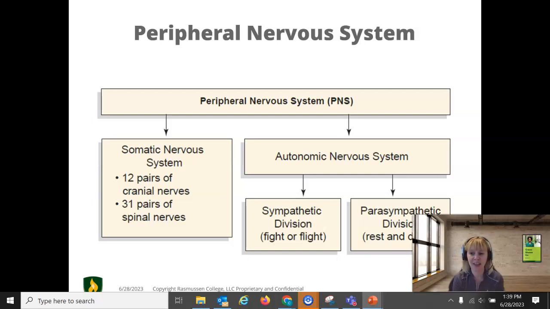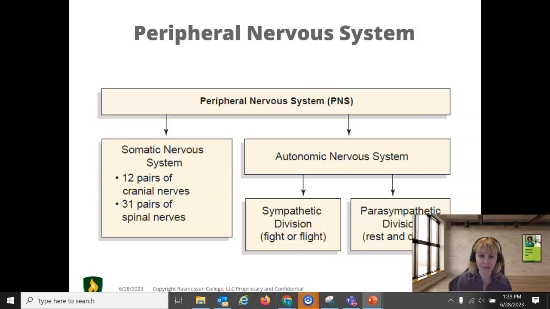Motor impulses that transmit to glands and other muscles that are not under our conscious control fall under the autonomic nervous system. So somatic is voluntary, autonomic is involuntary. So again, what falls in that is like your heart, your lungs, your GI system, things of that nature.